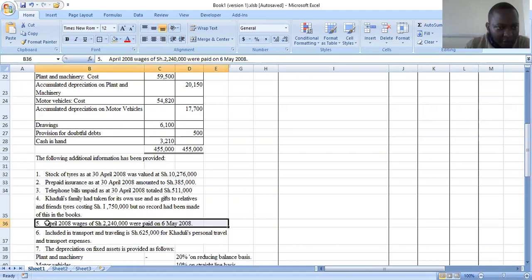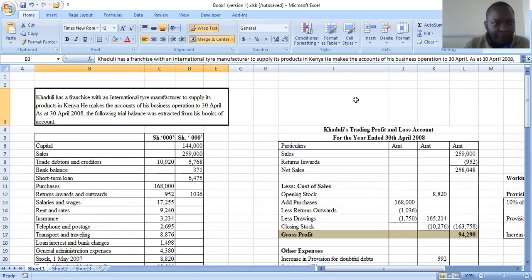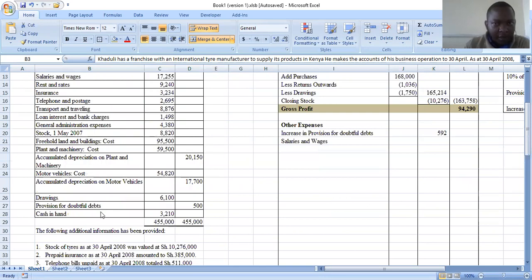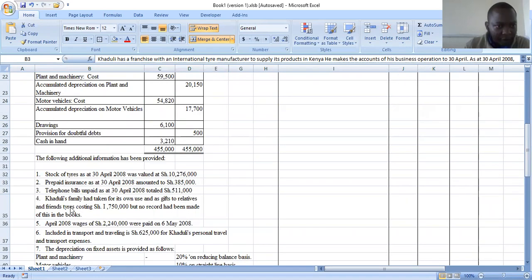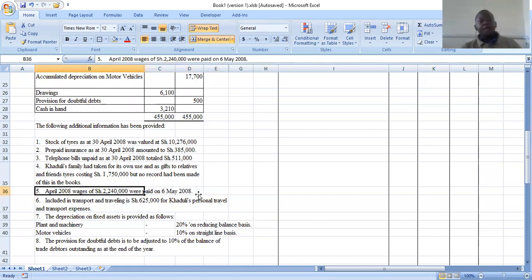okay. So April. So we are preparing financial statements for the year ending 30th April 2008. But then we are told that the wages of April were paid on 6th May 2008.